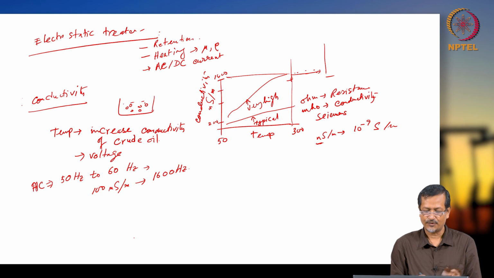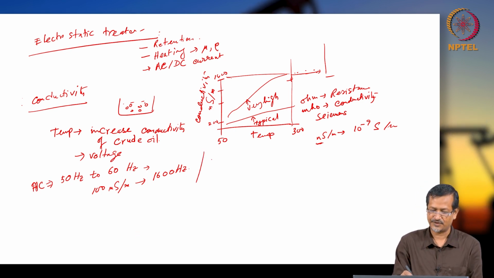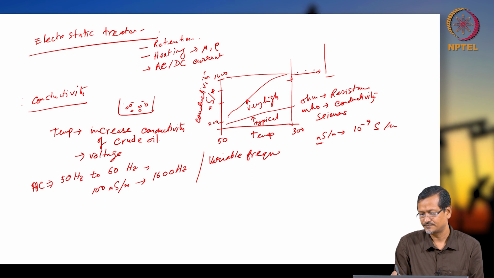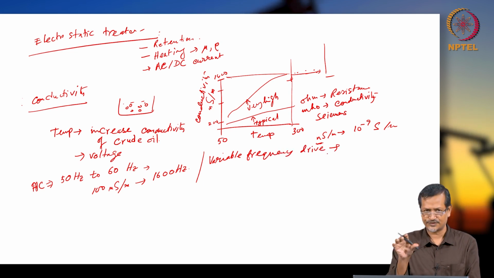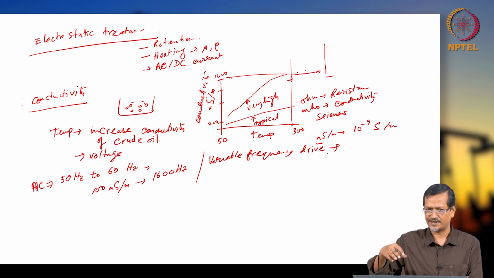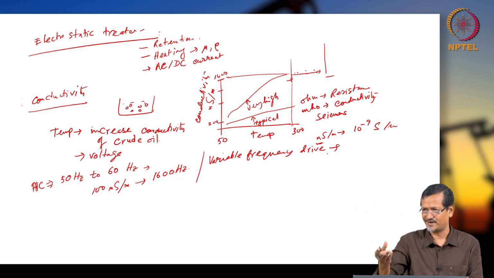How do you increase the electrical frequency? These days variable frequency drives are there. You may have heard of a variable frequency drive. This is one electrical instrument. If you give it 50 to 60 hertz, it will convert to any frequency you want: 2 hertz, 100 hertz, 200 hertz.